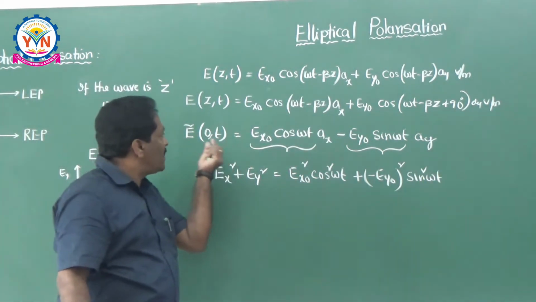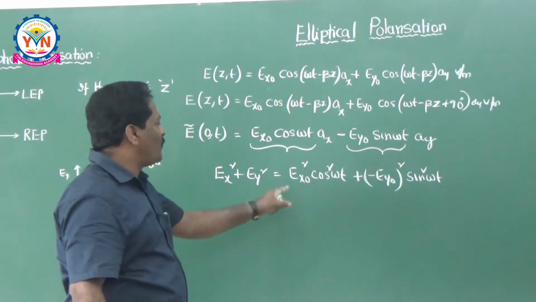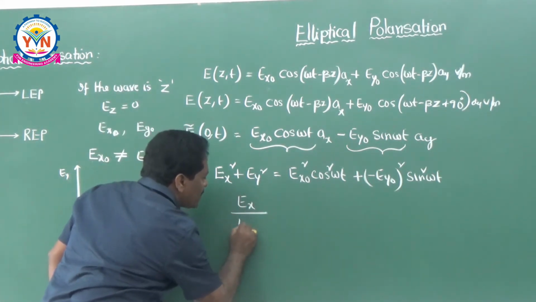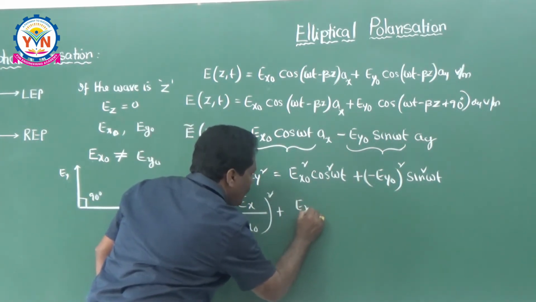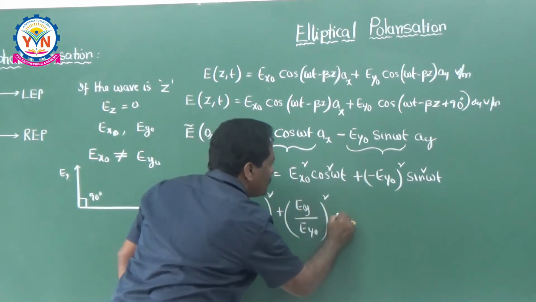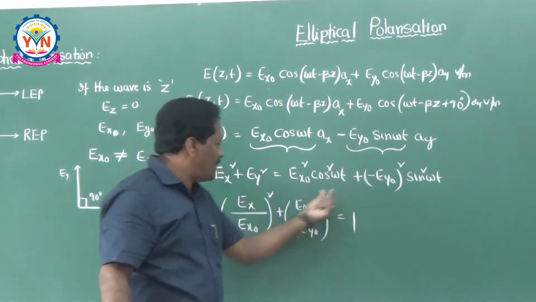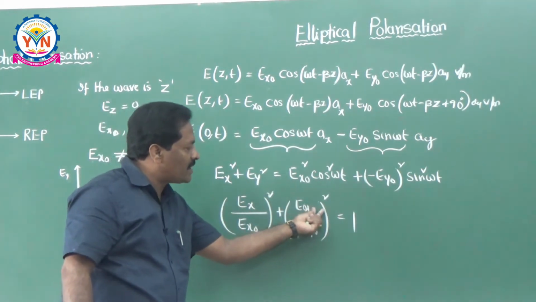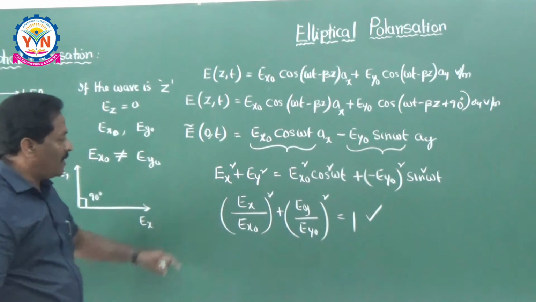Because the amplitudes are not the same, Ex naught and Ey naught being entirely different, therefore I can say Ex by Ex naught whole square plus Ey by Ey naught whole square is equal to 1. So, this is nothing but the equation of an ellipse.